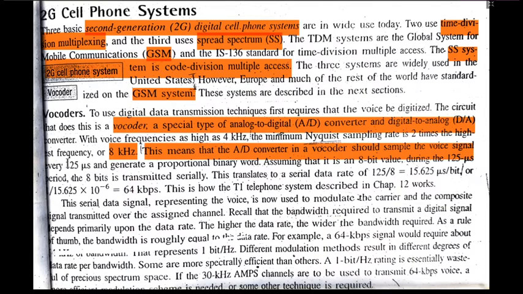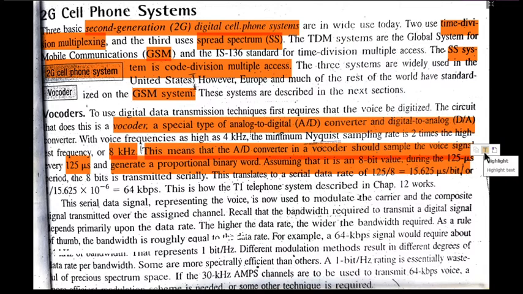Now if you convert the frequency, 1 upon 8 kilohertz would be 125 microseconds, which generates the proportional binary word, assuming 8 bits during the 125 microseconds. Then what will be the rate at which one bit is transmitted?